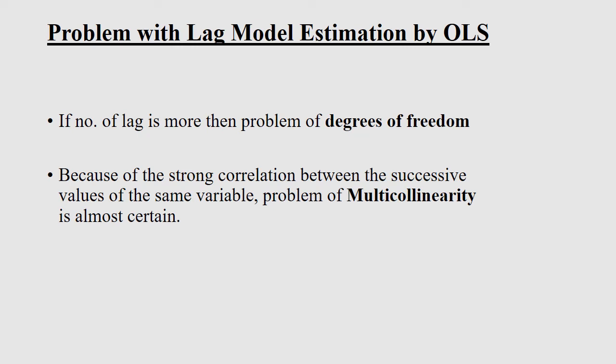You know the correlation between the independent variables is known as multicollinearity. So multicollinearity is a problem. In case of the lag model, there is a possibility of multicollinearity. So we have to think about these two problems, and before implementing OLS, these two corrective measures are to be adopted.